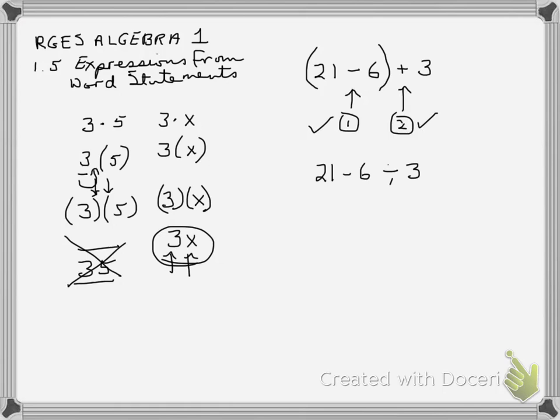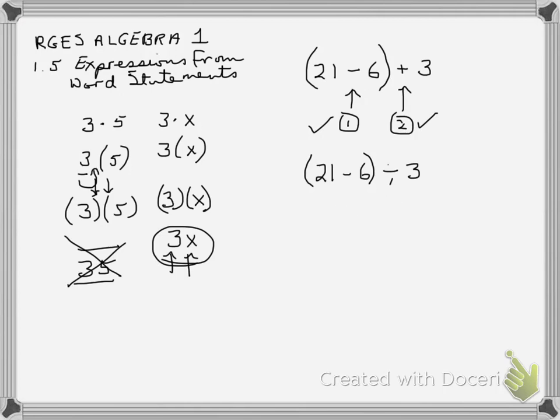Because if I did not have any parentheses, I would do this first. Because order of operations says multiplication and division comes before addition and subtraction. But I did not want to do it that way. Look at your English expression. It says subtract the 6 from 21 first, and then divide. So this would be the only way I could do it.